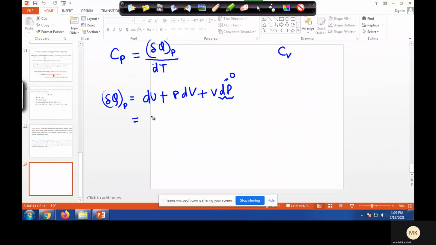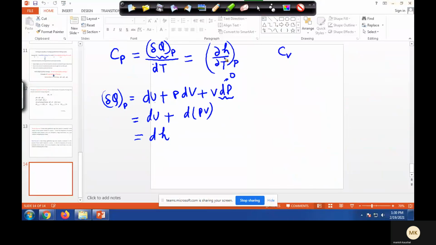Then dU plus d of PV is nothing but dH. So what we got, but remember at constant pressure, Cp is ∂H/∂T because dq_p is becoming dH.